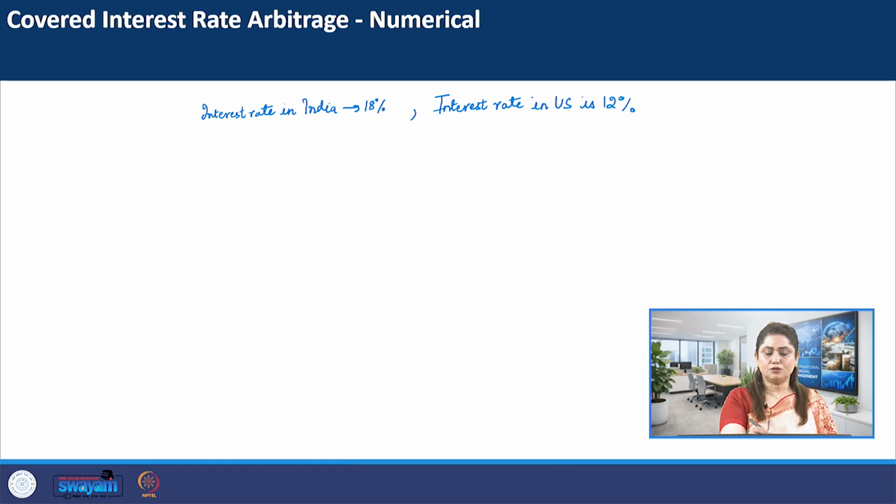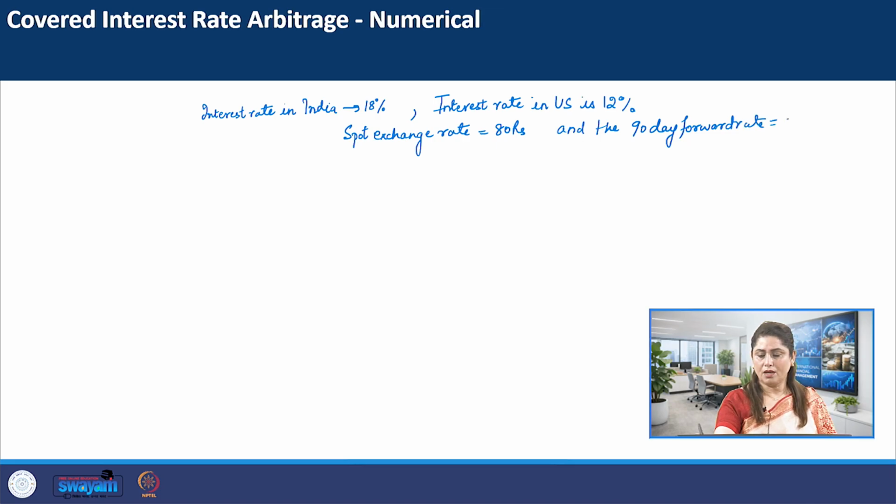Now, the spot exchange rate, that is the current rate, is equal to 80 rupees, and the forward rate given to us, which is a 90-day forward rate, is equal to 80.56 rupees per dollar. This is the exchange rate given to us.